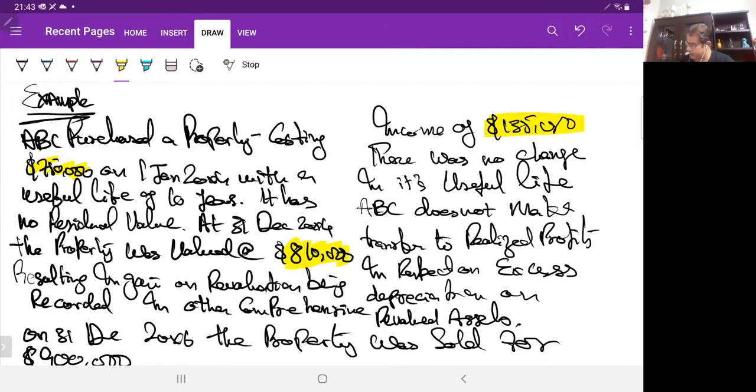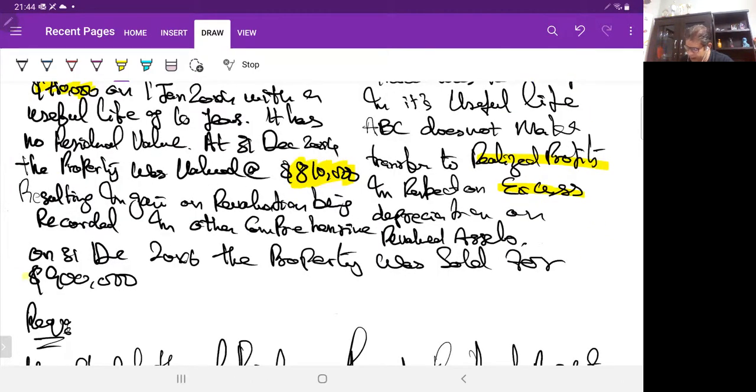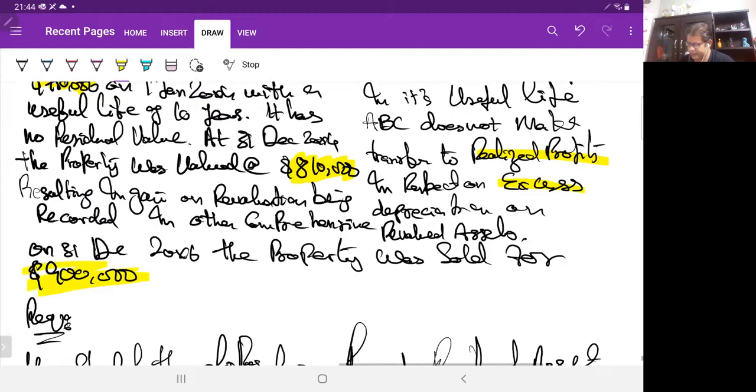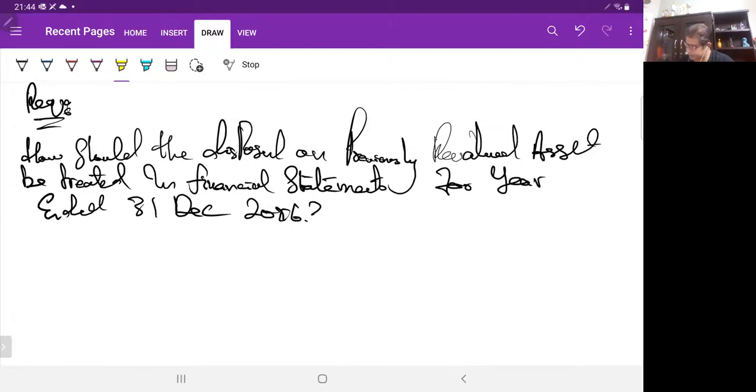ABC does not make a transfer to realized profits in respect of revalued assets, right? On 31st December 2006, the property was sold for $900,000. Now the requirement is, how should the disposal of the previously revalued asset be treated in the financial statements for the year ended 31st December 2006?